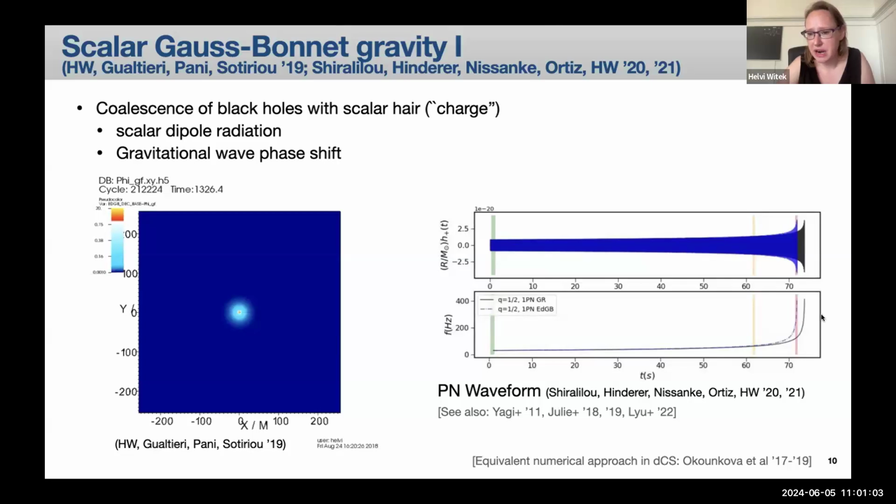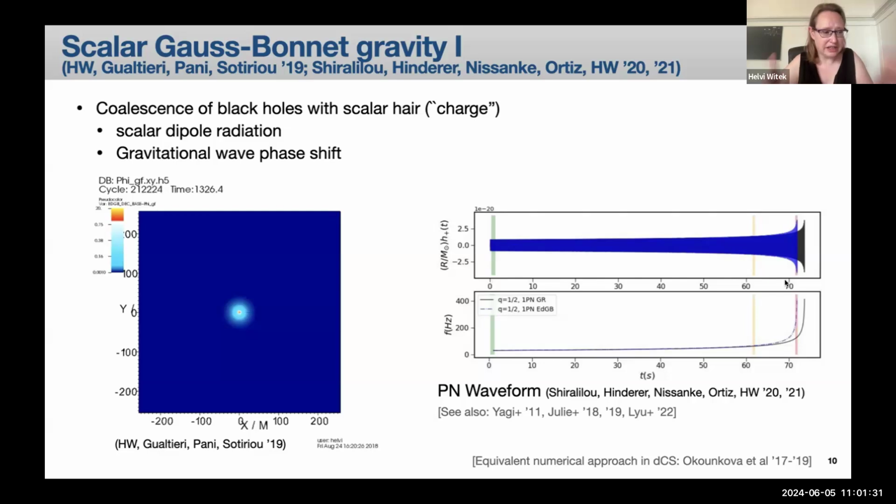And for comparison, we have here in blue the waveform computed in the scalar Gauss-Bonnet gravity. So basically, the analogous setup to what we've seen here on the left. And what you can see now in the gravitational waveform, where we computed the full correction to the waveform, is indeed this gravitational wave phase shift compared to the general relativistic counterpart.